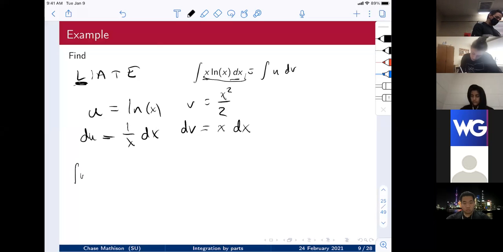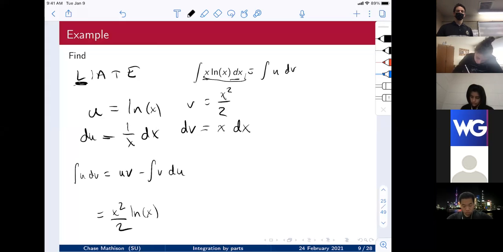So we know the integral of u dv, integration by parts, is uv minus the integral of v du, right? We picked u to be natural log of x, dv to be x dx. So this is going to give me u, which is natural log of x, times v, that's x squared over 2, minus the integral of v du, that's x squared over 2 times du, which is 1 over x dx.